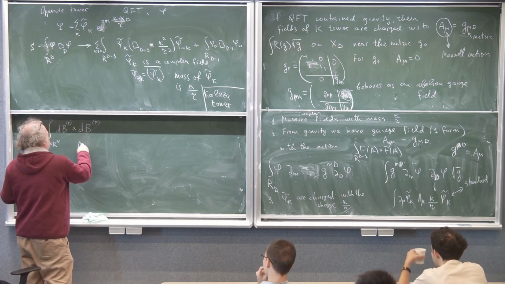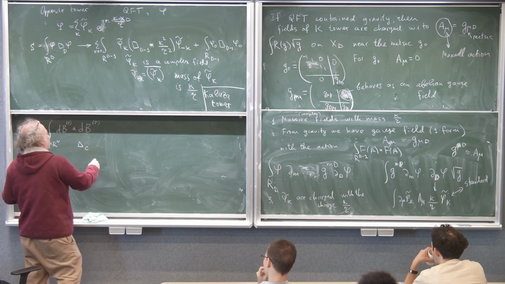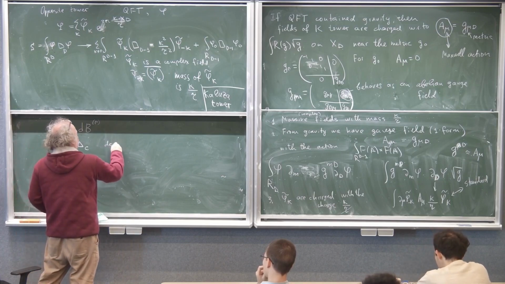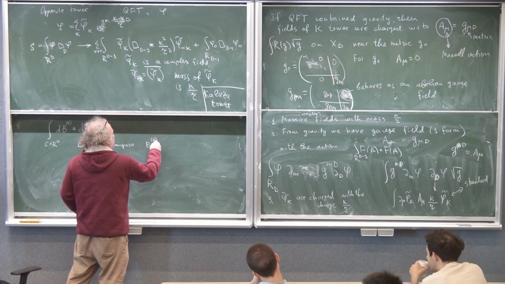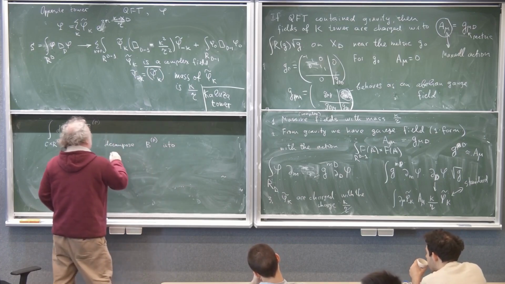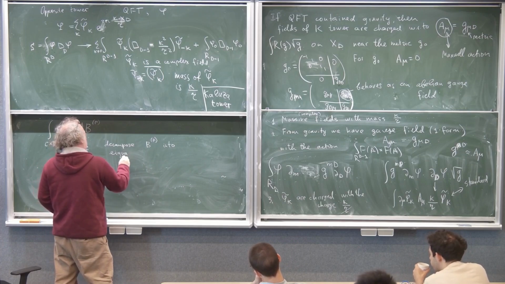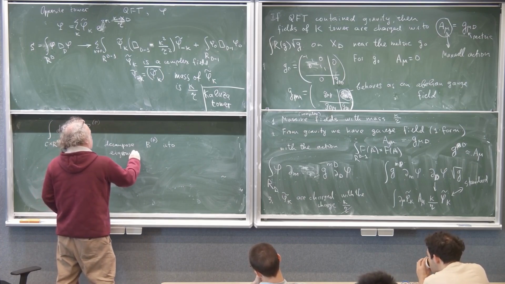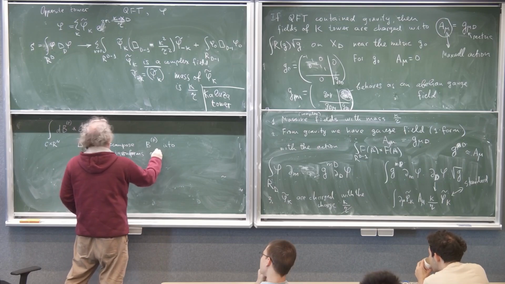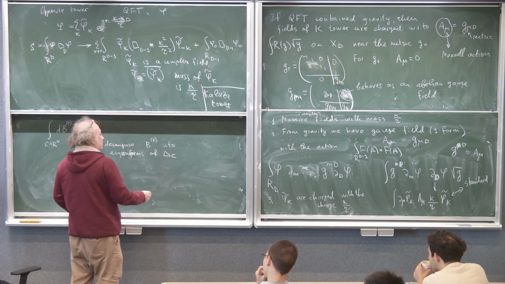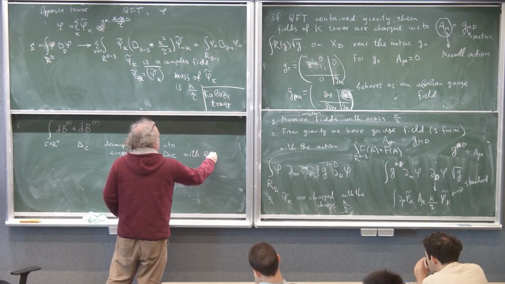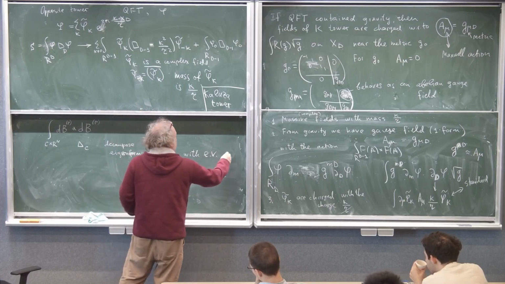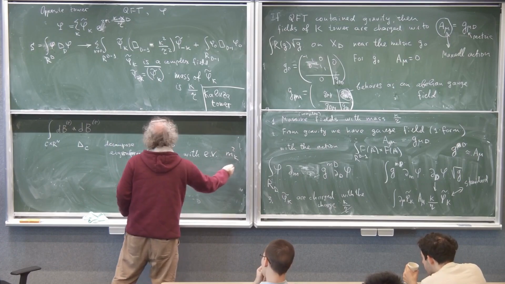I have a Laplacian on C, and I can decompose p-forms into eigenforms of delta C with eigenvalues m_k squared.